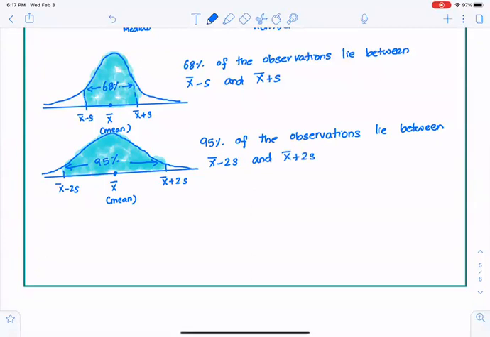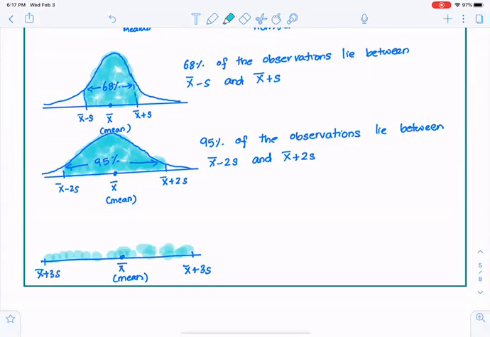And if I went 3 standard deviations from the mean, I will end up having 99.99% of the data, but not 100%.